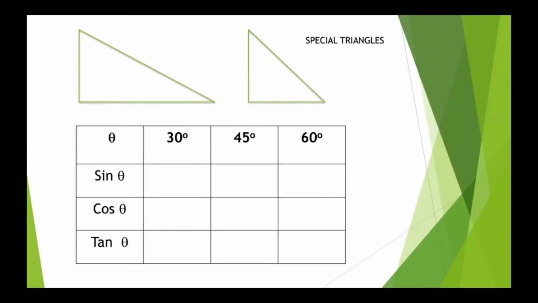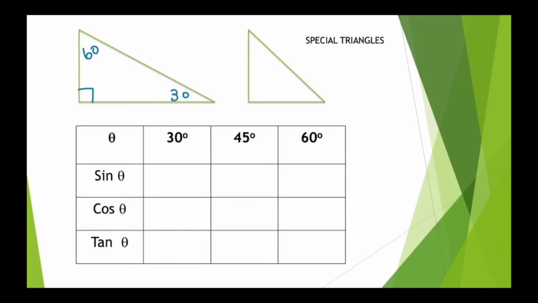Now that we have done these, let's use them on some other triangles. We're going to use these on some special triangles. We're going to use these on a 30, 60, 90 triangle first. The 30, 60, 90, here's the 90 part, the 60's up here, and the 30's over here.